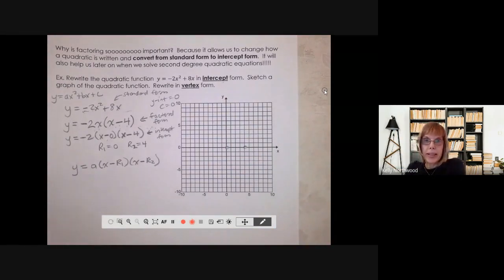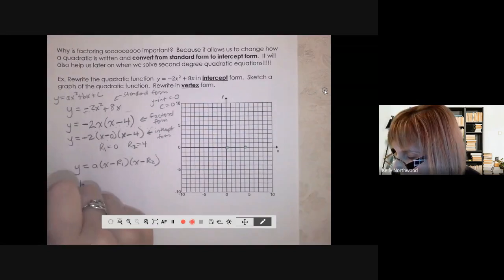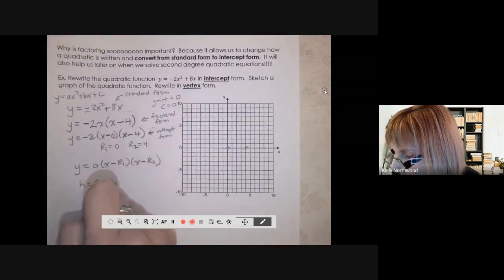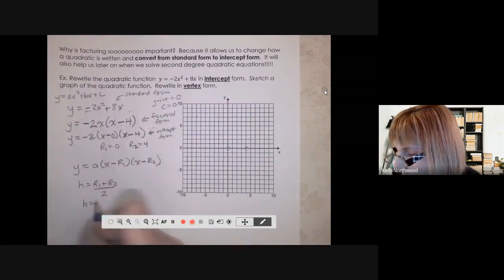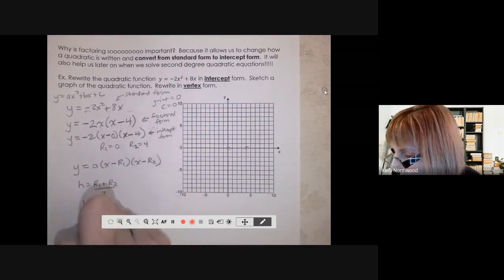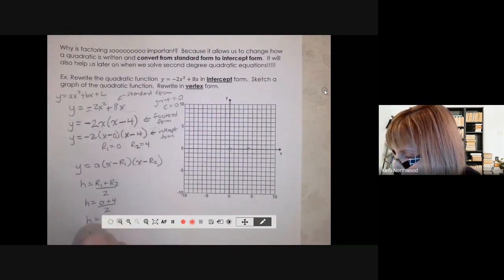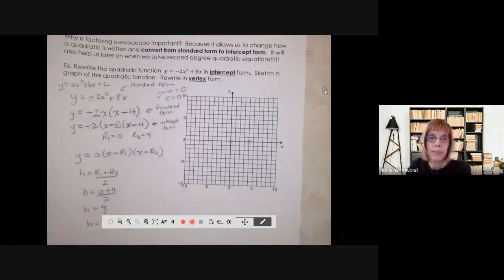And then we can calculate the vertex, because that's what we've been working on the last couple of days. So our h coordinate of our vertex is going to be 0 plus 4 divided by 2, which is 2.